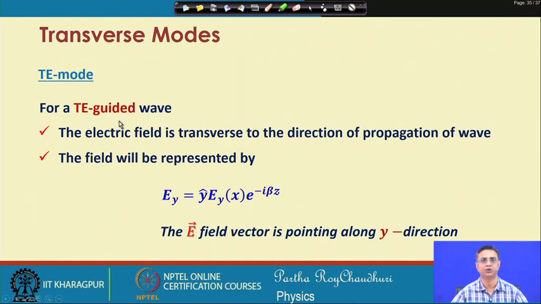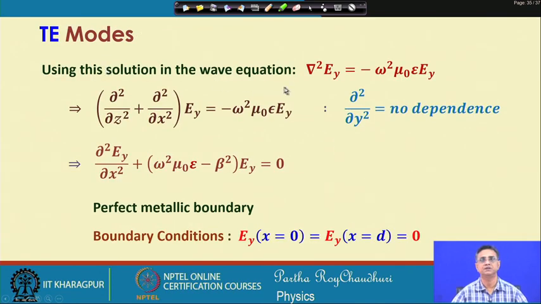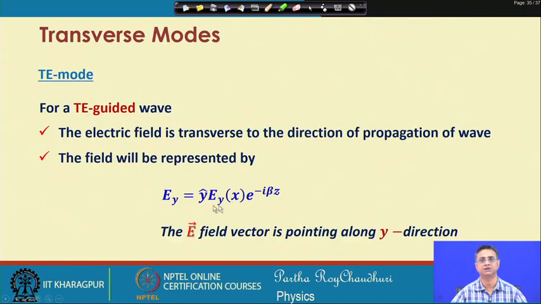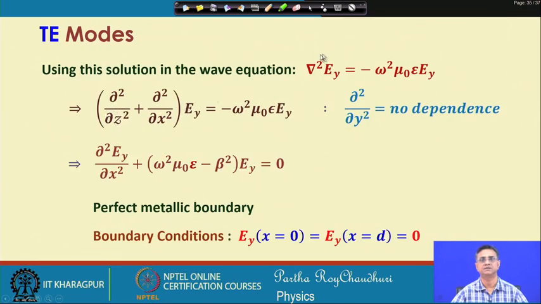So, for the TE guided mode, the electric field is transverse to the direction of propagation of the wave, and the field will be represented by this. We have just now worked out, and you have seen that the amplitude should depend only on the x coordinate, and the electric field vectors are directed along the y direction. So, using the solution for this equation, e to the power of i beta z and e to the power of i omega t form, we can write this equation in this form.